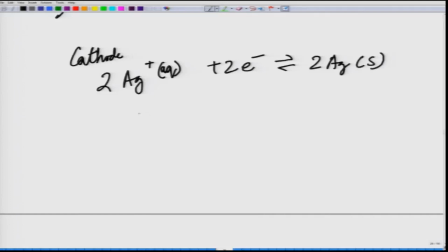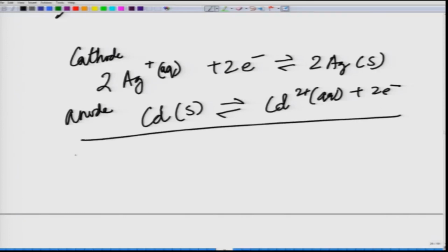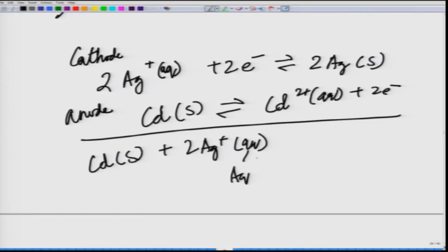Okay. Whereas, at the anode what is going to happen is cadmium solid goes to Cd2+ aqueous plus 2 electrons, and the net reaction is cadmium solid plus 2 Ag+ aqueous gives Cd2+ aqueous plus 2 Ag solid.